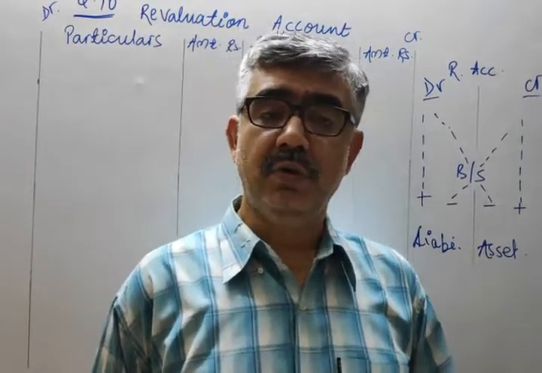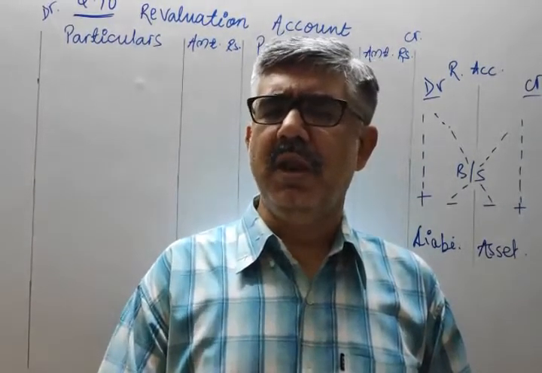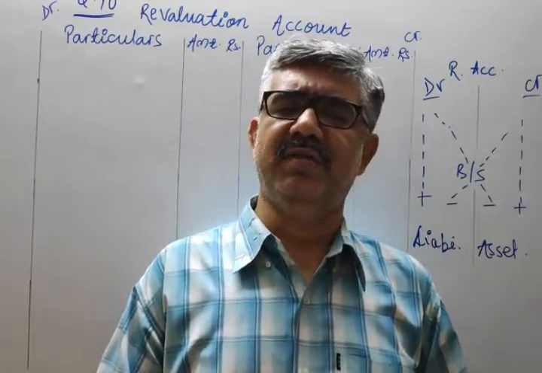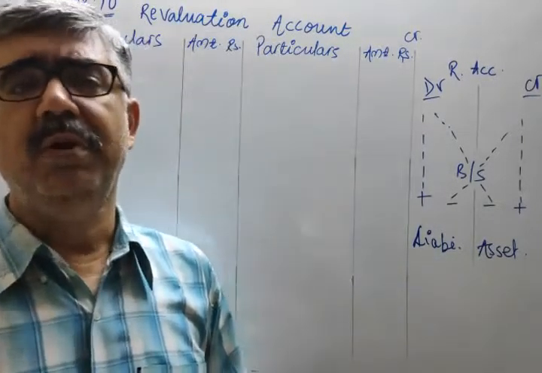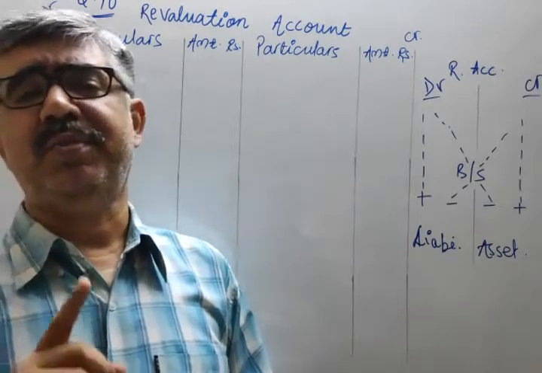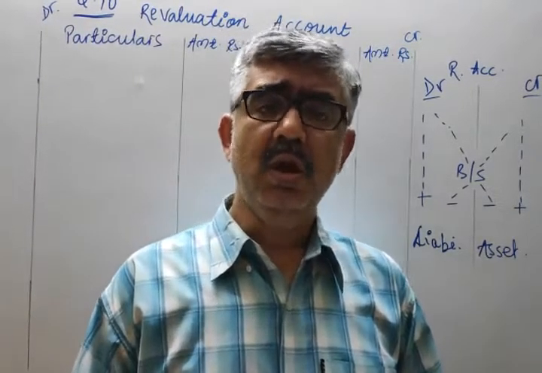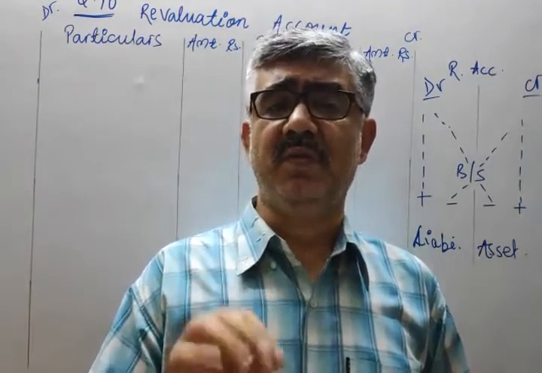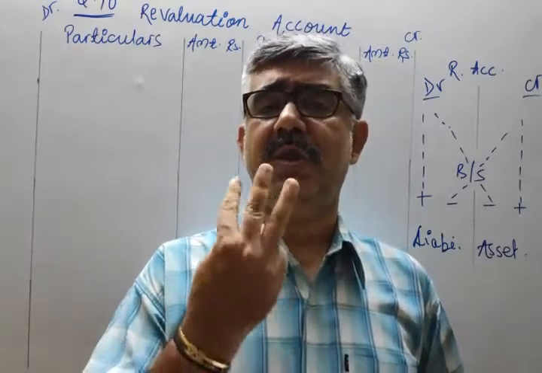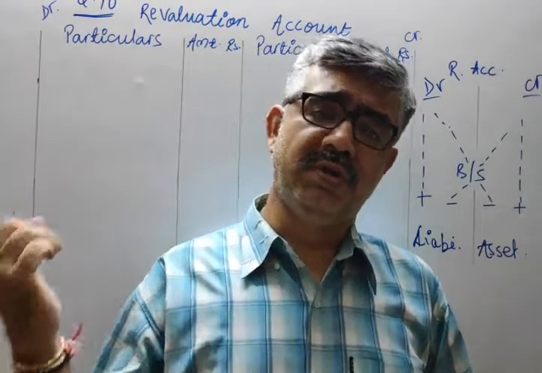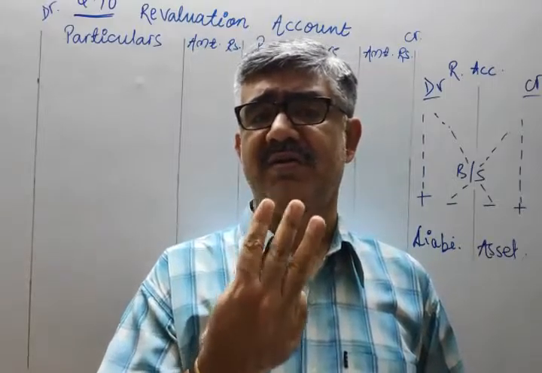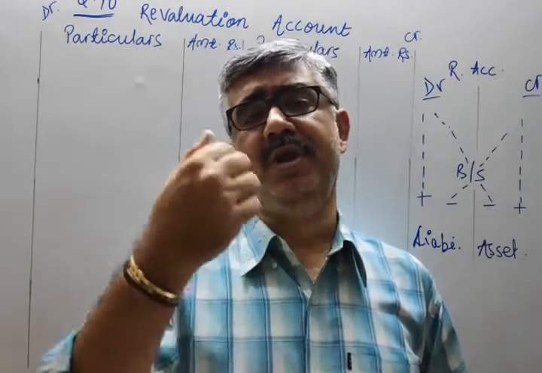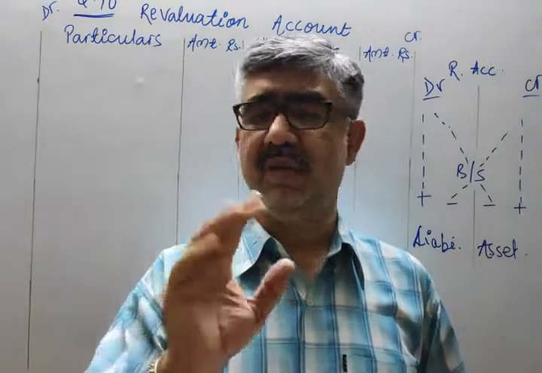Yes, do take care. The similar kind of adjustments will be given to you in chapter 5 and 6. The only difference will be, here 3 partners are there. Over there, in admission, if 3 partners are there, they are admitting a 4th as a new partner.